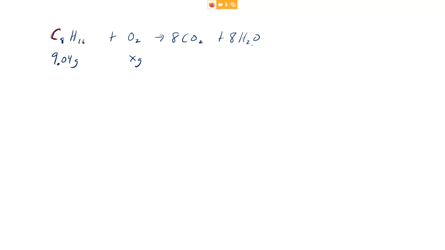And then I got 16, 8 is 24, so I need to put a 12 in front of the oxygens. So that should be balanced there. Okay. The other thing I need is the molar masses.